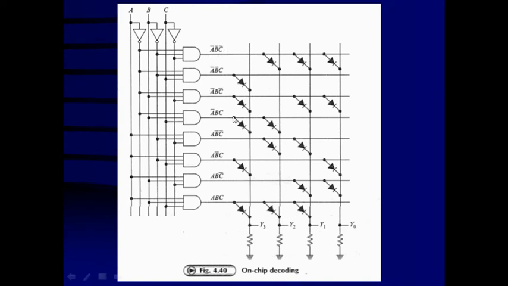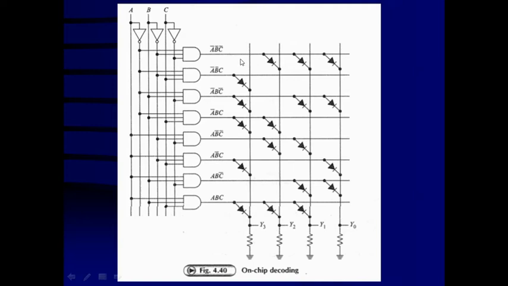So see here in this particular on-chip decoding circuitry, there are 8 horizontal lines and 4 vertical lines. So the maximum possible connection is 8 multiplied by 4, that is going to be 32. So all diodes are going to be connected at every place.